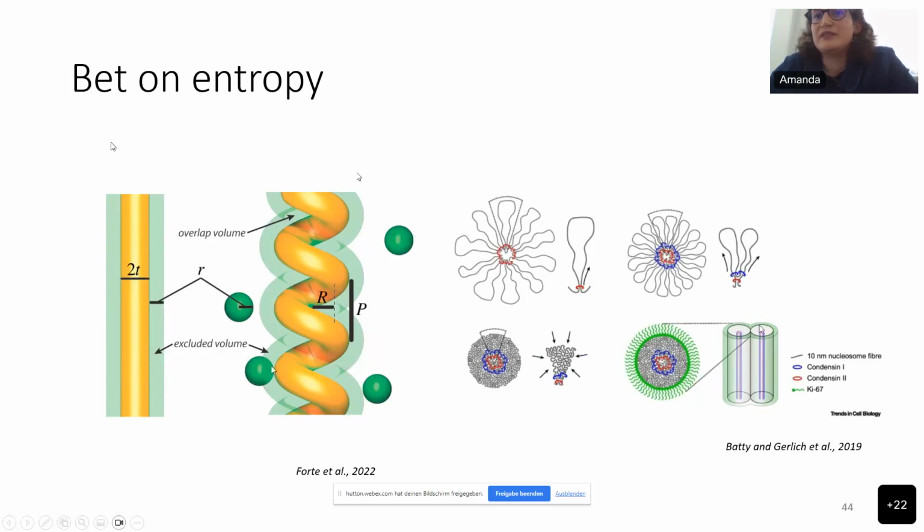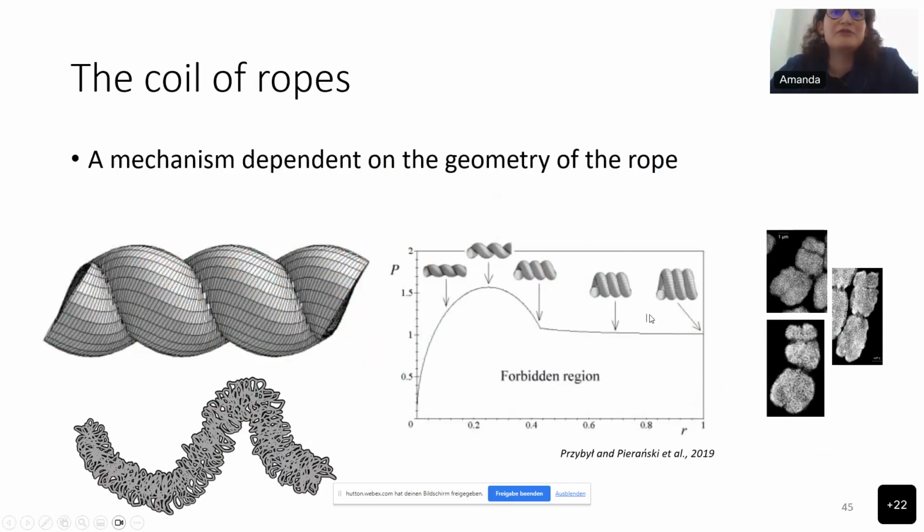And there are the proteins doing the coating of the chromosome, so they can be protected from the cytoplasm when the nucleus membrane breaks. And well, the coil of ropes has been studied before, and they noticed that there are some helical organizations that are possible and others that are not.